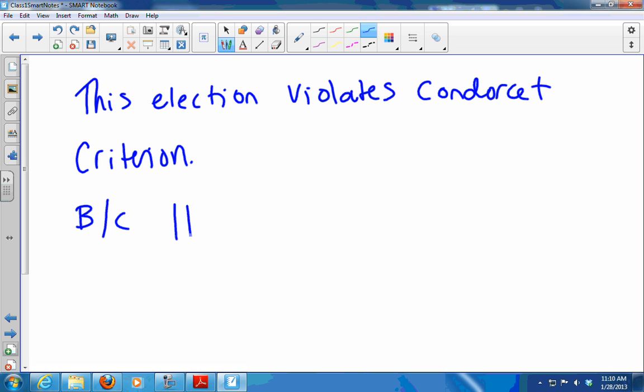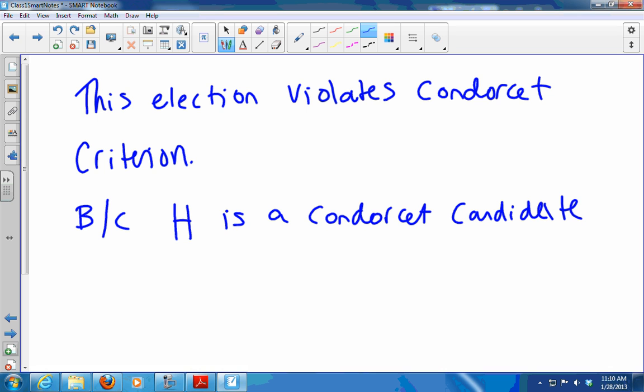I'll say that because Hula is a Condorcet candidate, that means that Hula is preferred by the voters in a head-to-head matchup over everybody else. But the Rose Bowl won.